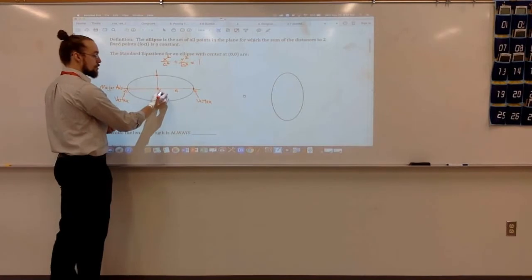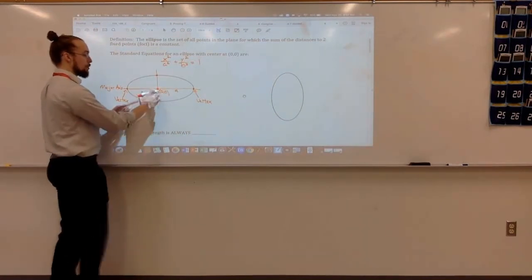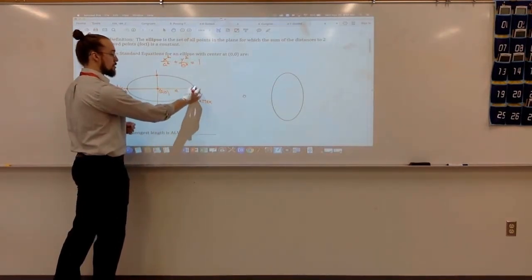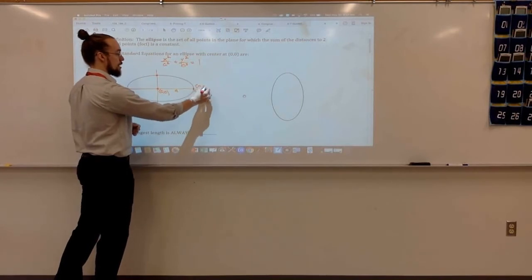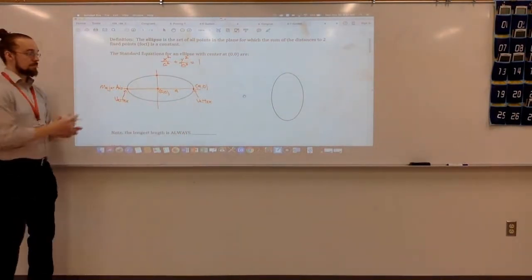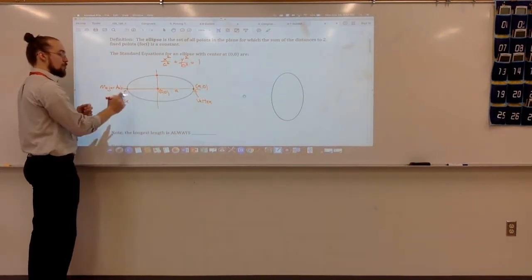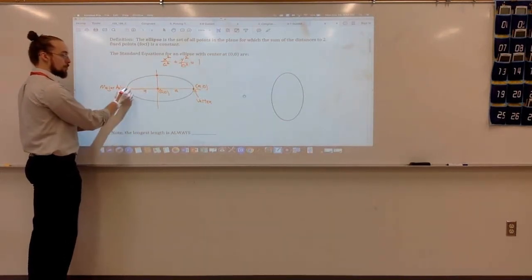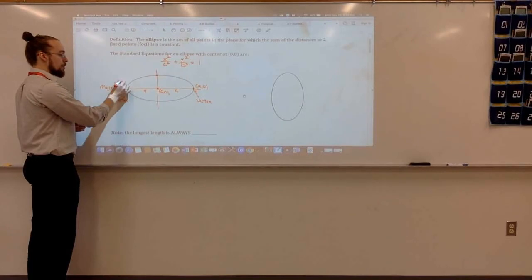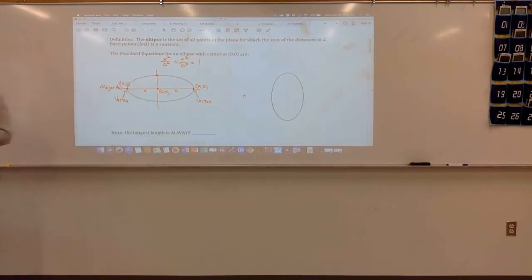So if my center is at the point 0, 0, then this vertex is going to be at the point a, 0. Same thing going this way. This distance from the center to the vertex is a, so then this point here would be negative a.